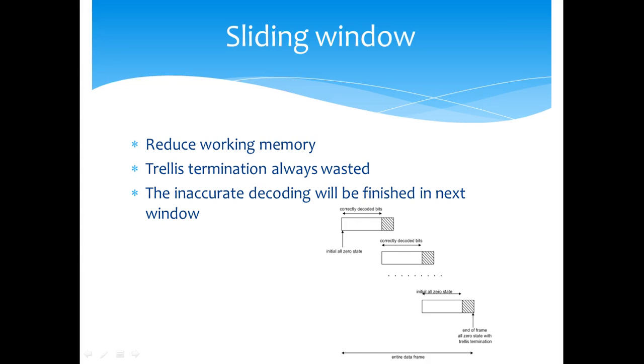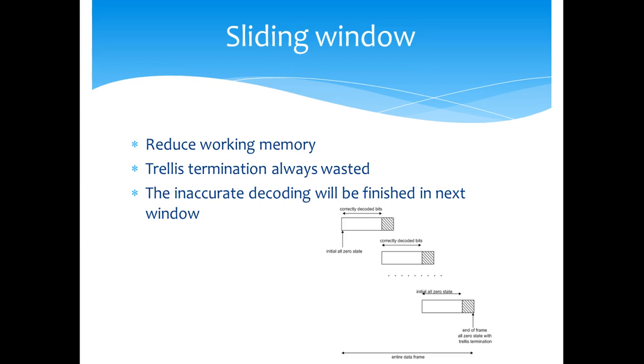I also want to introduce the sliding window, because it is used to reduce working memory. The essential issue with the sliding window technique is that the trailing terminal in each window is wasted and is usually not finished. The decoding window usually consists of valid bits and some extra bits, usually 4 or 5 times the constraint length.